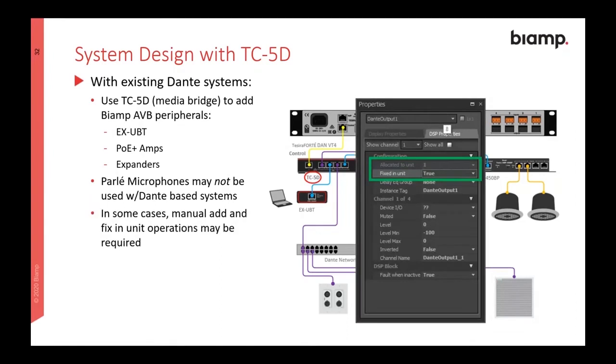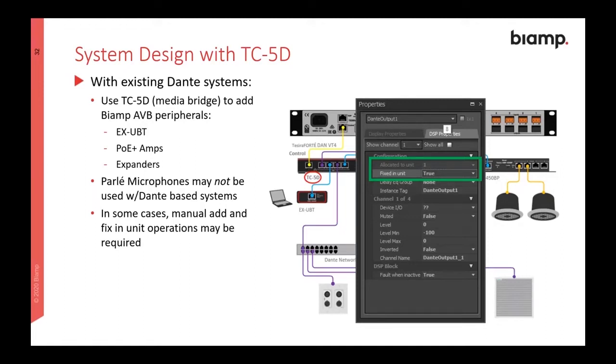In some cases, we may need to force the Tesira software to consider a Dante solution. So by default, the compiler is built to give you the most efficient and most cost-effective solution.